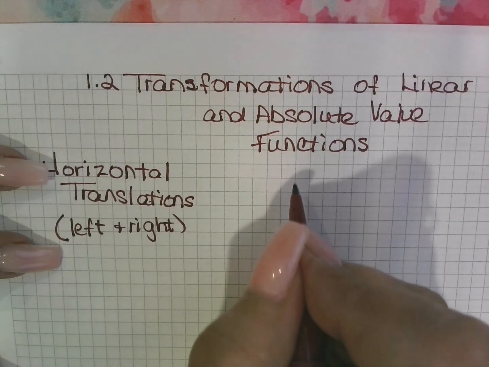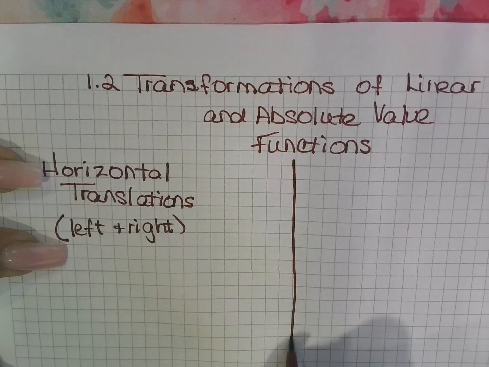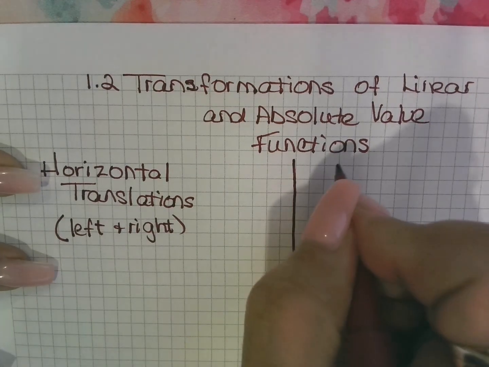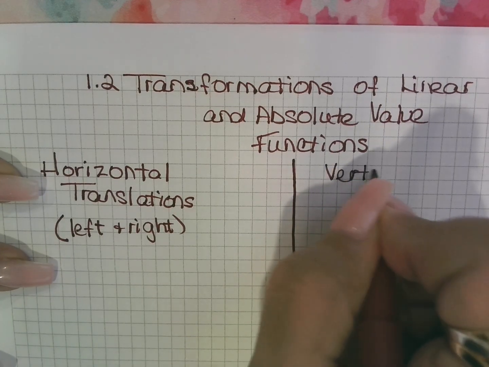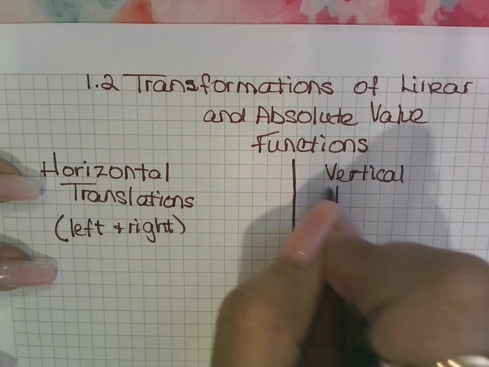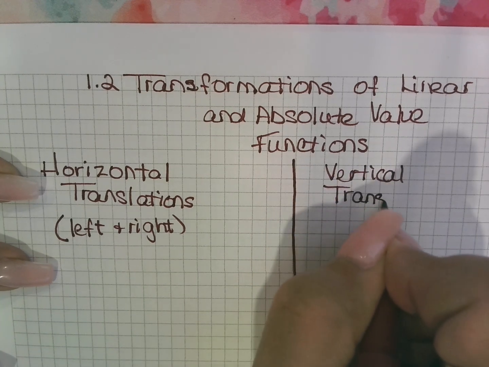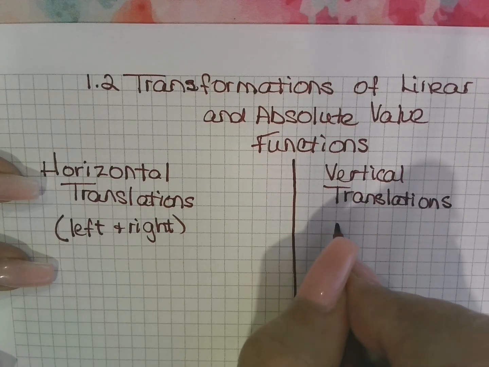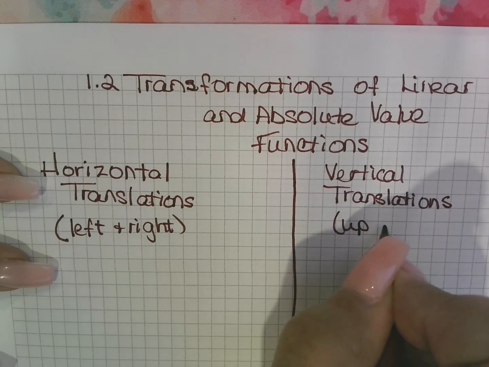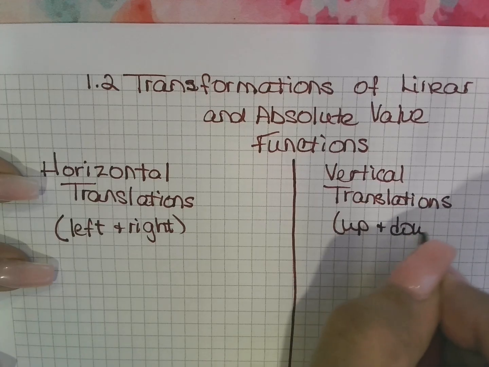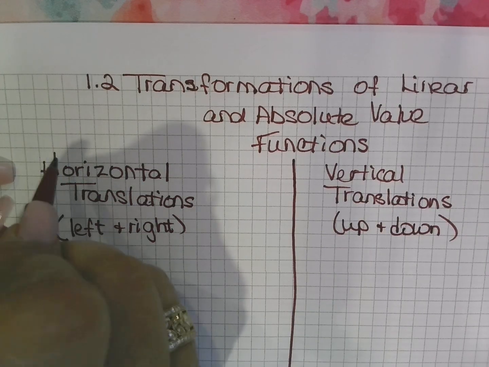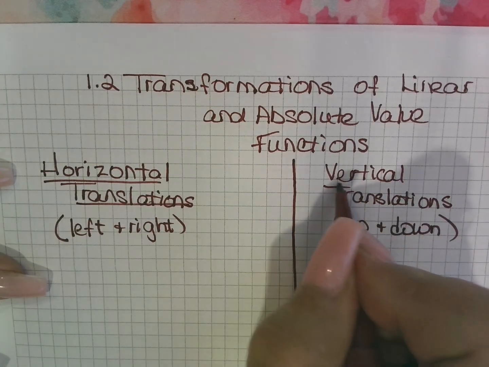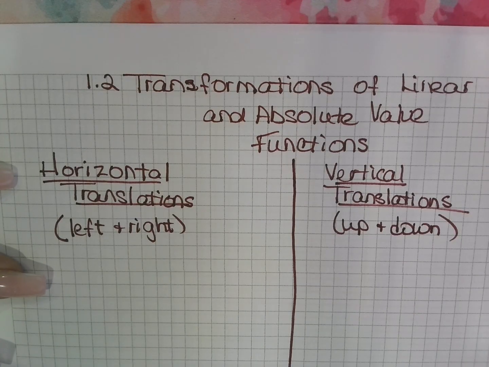And then we're also going to look at the vertical translations. And those will be up and down. Okay, so we've got horizontal over here, vertical over there. Let's take a look at horizontal first.